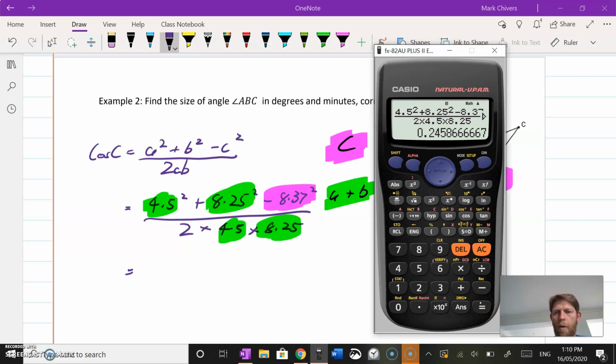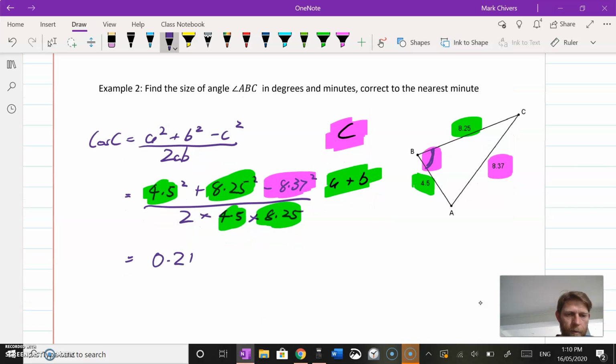And that's going to give me 0.245 blah, blah, blah. So that all worked out to be 0.245, whatever it is.